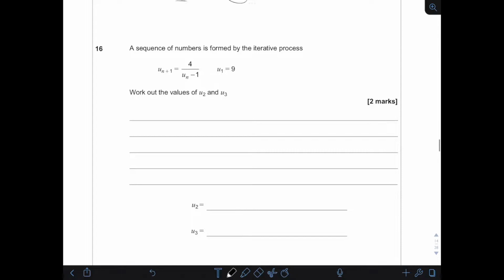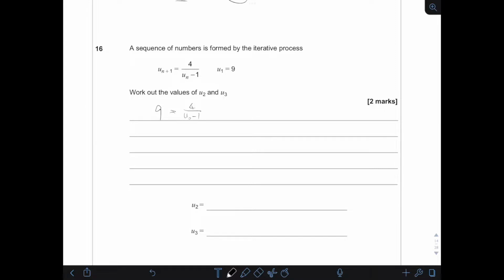Right, so second number, a sequence of numbers is formed by the iterative process of that particular thing, and we need to work out u2 and u3. Right, so you know that u1 is 9, equal to 4 over u0 minus 1.